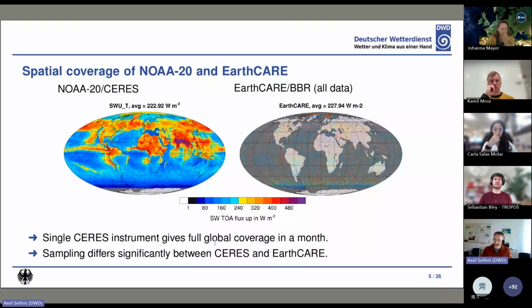So let's look first at a coverage from EarthCARE versus CERES. And as most of you probably know, CERES is also scanning to the side.